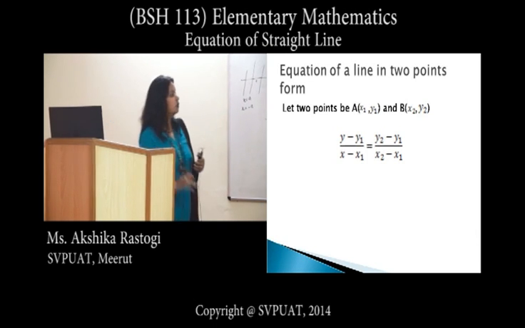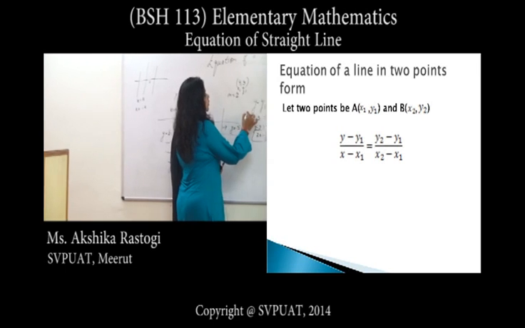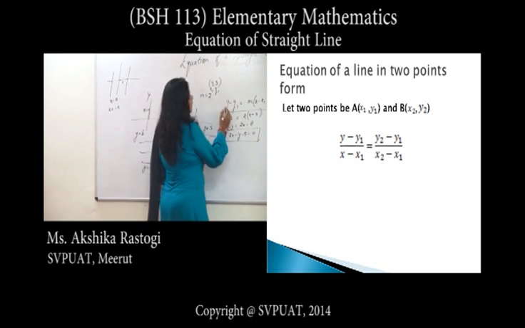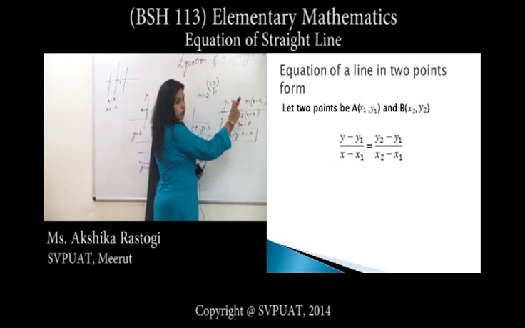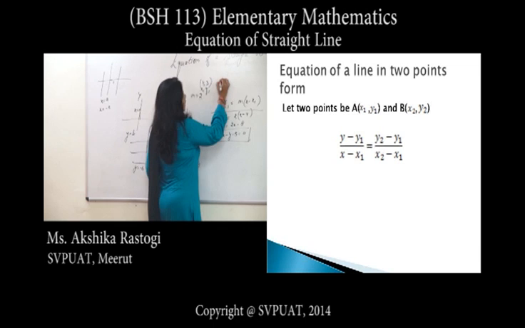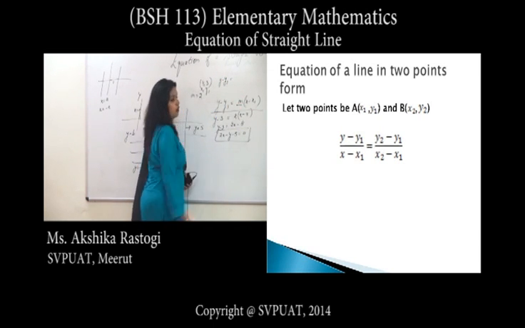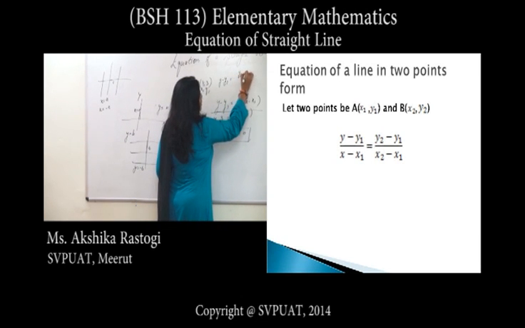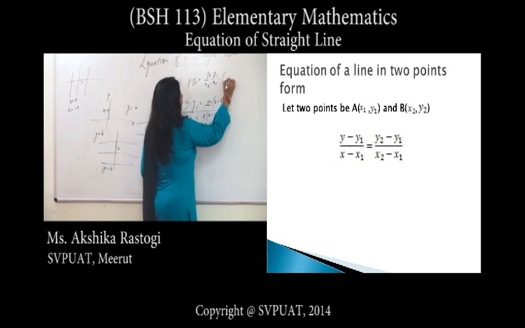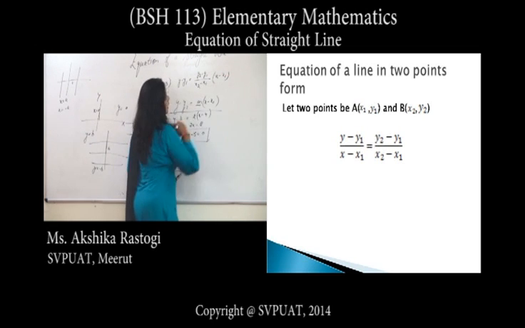You can get the formula from the earlier case. Here it is written y minus y1 equals m into x minus x1. So we can put the value of m. What is the value of m? y2 minus y1 upon x2 minus x1, and x minus x1.